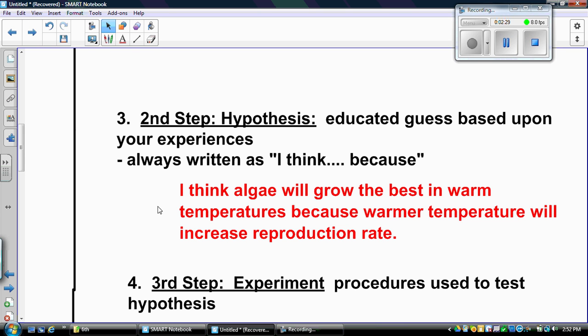So I gave what I thought in answer to that question and why. I think algae will reproduce faster in warmer temperatures. Okay? So that's how you will always write a hypothesis. I think, and then you give me your reasoning why you think that. Your because piece is based on your experiences and observations.